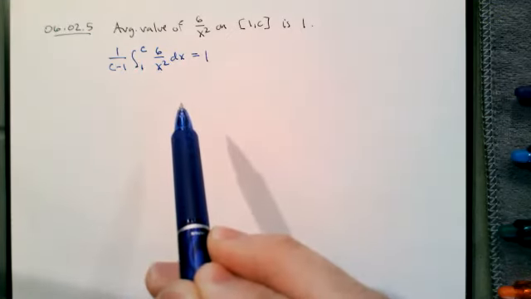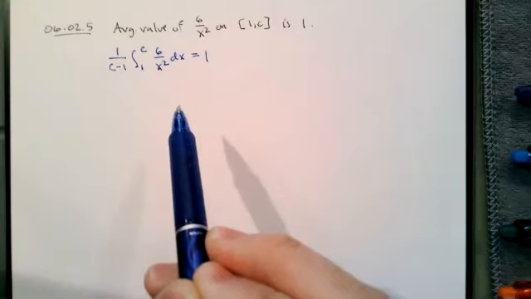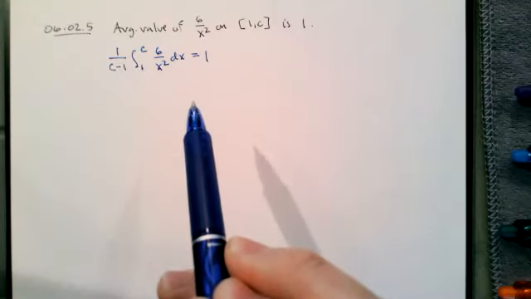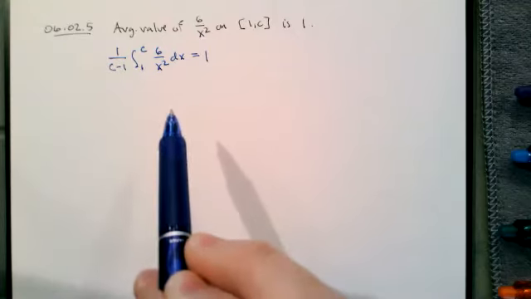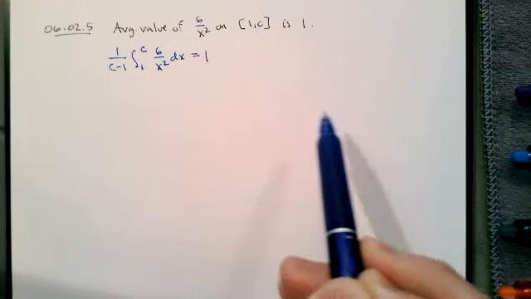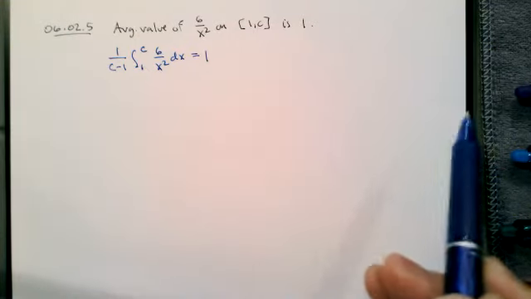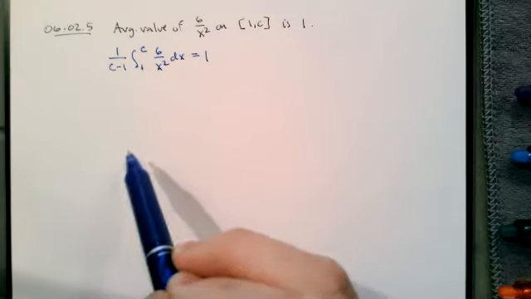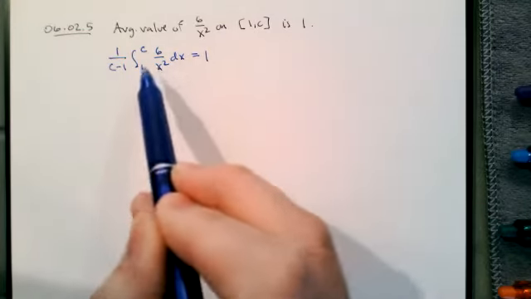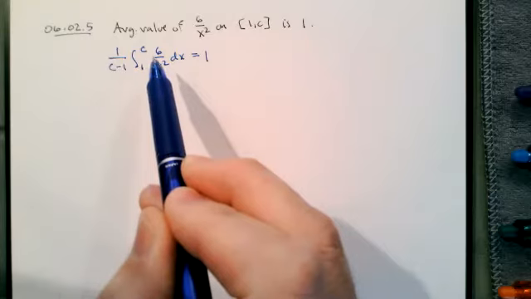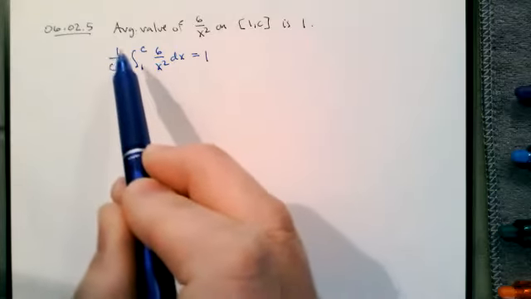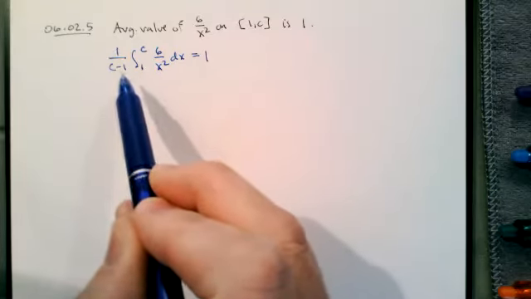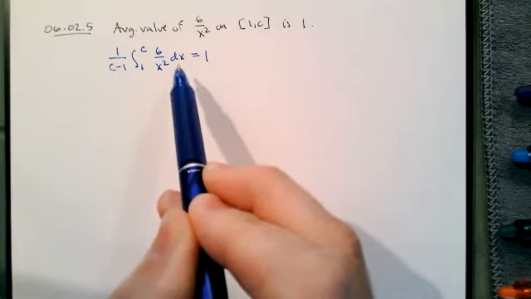Later today, if I wanted to find the average of your quiz 3 grades, I would add up all your scores and then divide by the number of scores. I would add up the values for that quiz function and divide by the number of quizzes. We're doing the same thing here, but in a continuous fashion.